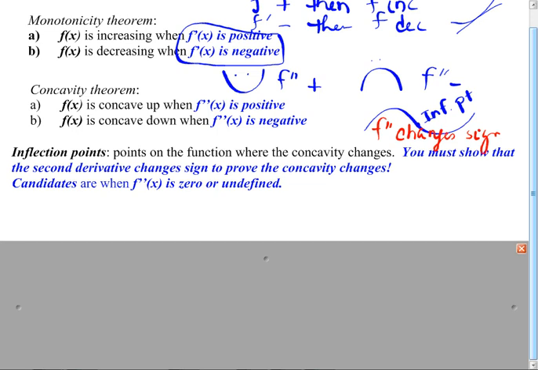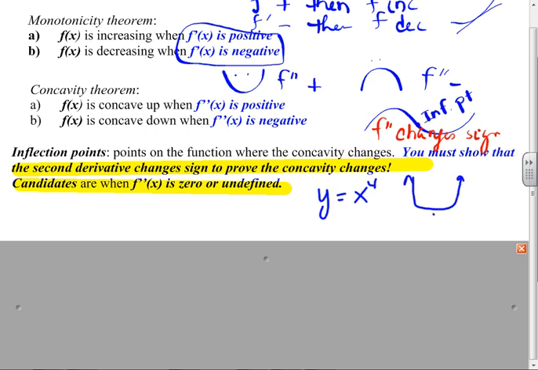Okay, guys. Inflection points are points where the concavity changes. You must show the second derivative changes sign. Candidates are where f double prime is 0 or undefined, but they're only candidates. No guarantees. An example of that is y equals x to the fourth, because I know that that's always concave up.